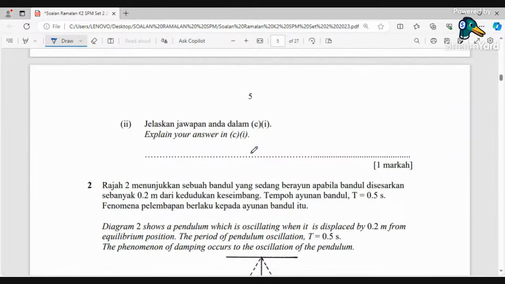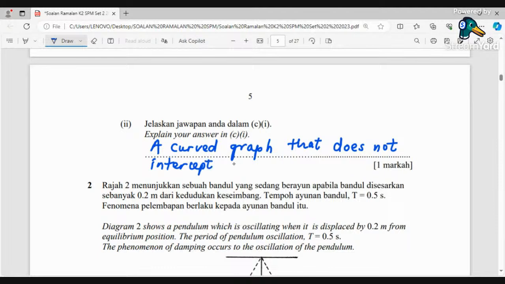Explain your answer. You get a curved graph that does not intersect both axes of the graph.